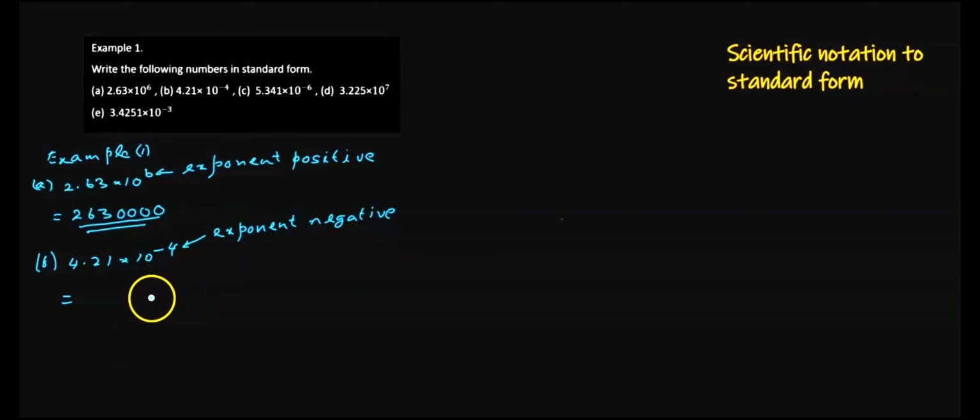First we move 1 place, then we get 421. When we move the decimal point 3 more places, we add 3 zeros. The number in standard form is 0.000421.